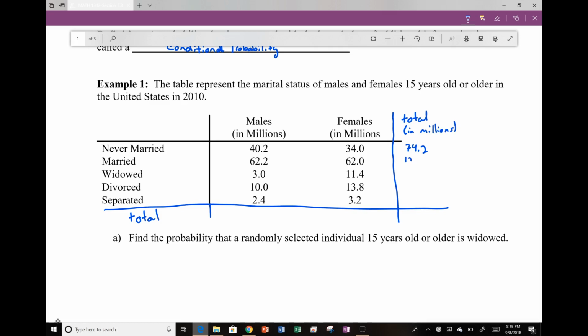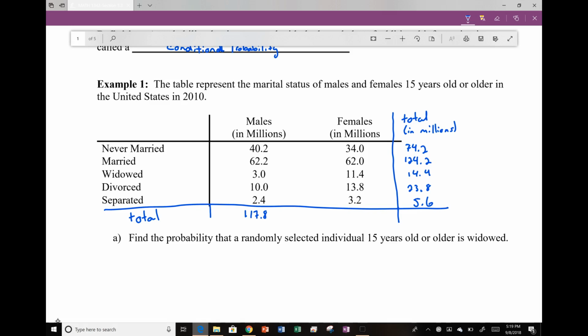There are 124.2 that are married. There are 14.4 that are widowed. There are 23.8 that are divorced, and there are 5.6 that are separated. We have a total of 117.8 males.